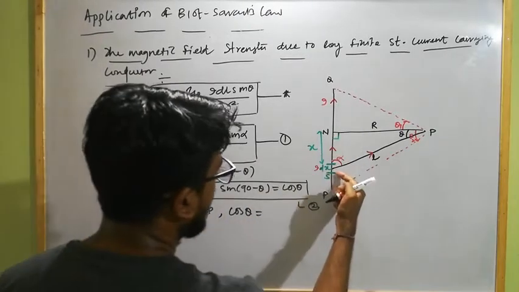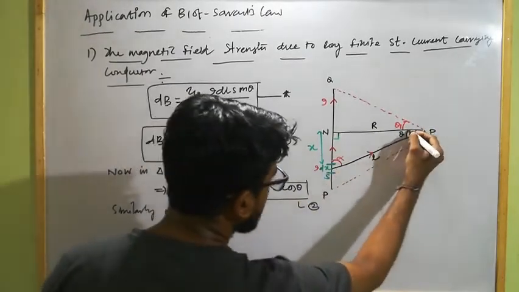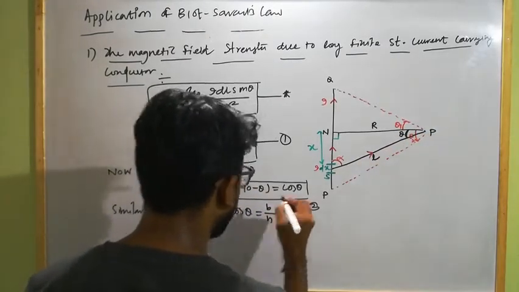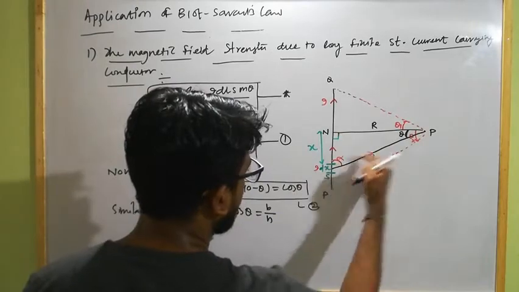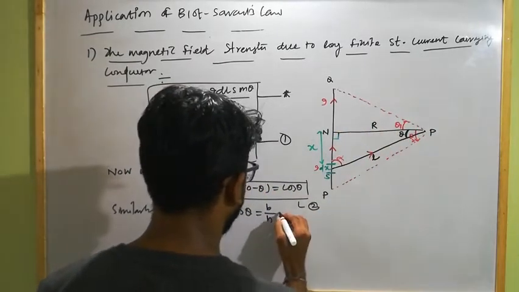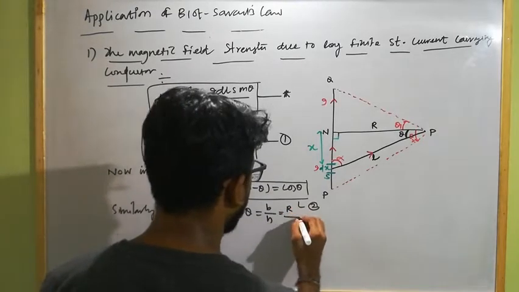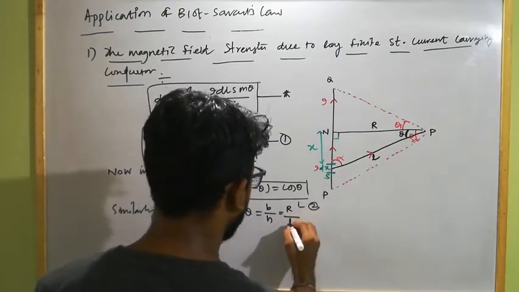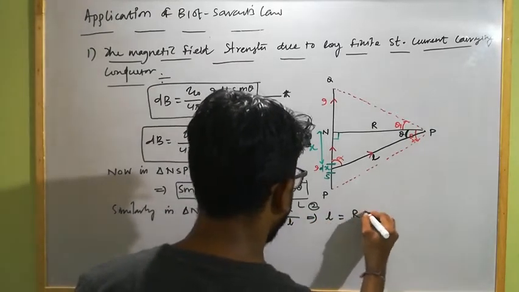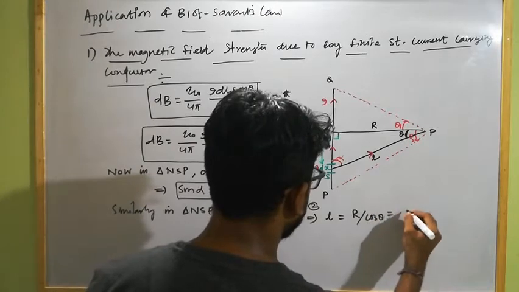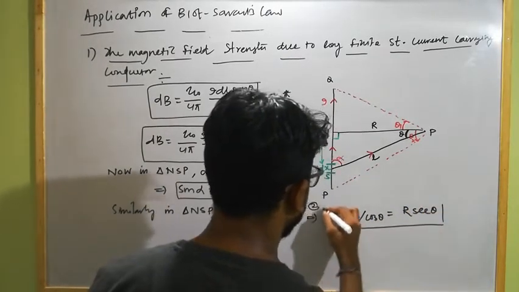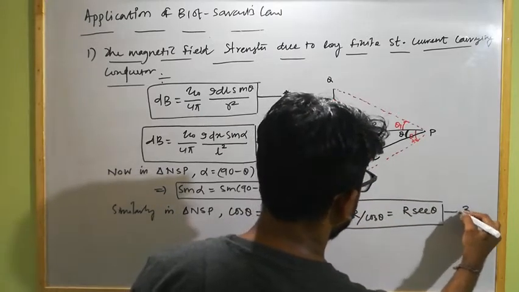Cos theta is equal to B by H. If this is theta for this right angle triangle, B is R and H is L. So from this you can get L equal to R by cos theta, or this can be written as R sec theta. So this is the expression for L. Let it be equation 3.